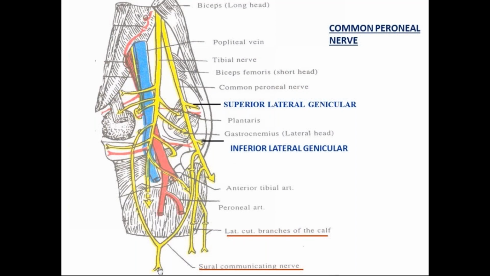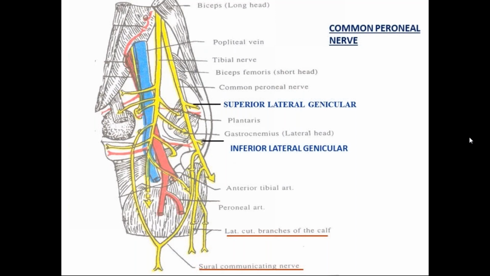Next, we have the articular branches, which are the superior lateral genicular nerve, the inferior lateral genicular nerve, and the recurrent genicular nerve. The superior lateral genicular nerve accompanies the artery of the same name and it lies along the lateral femoral condyle. The inferior lateral genicular nerve runs along the artery of the same name to the lateral aspect of knee joint above the head of fibula.